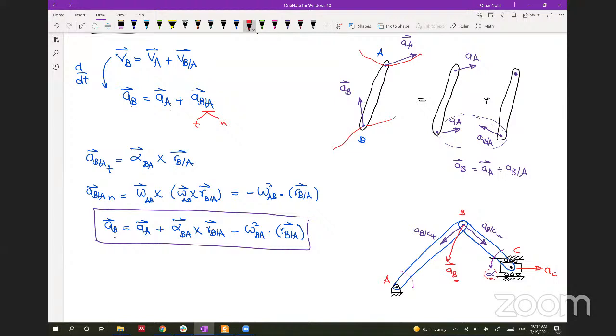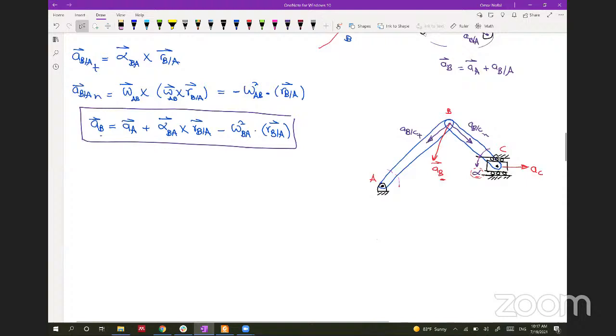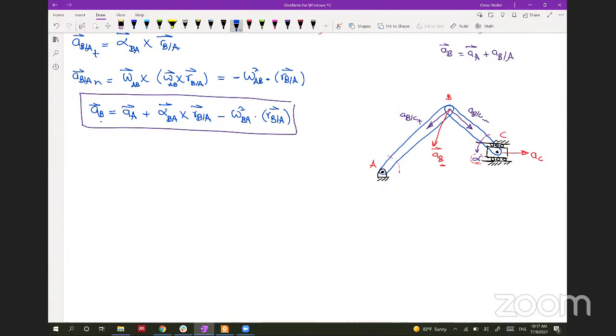So how about we see another example of this? What if we have something like this, this is the ground, and you have another body here that has some kind of roller that can roll on this ground.